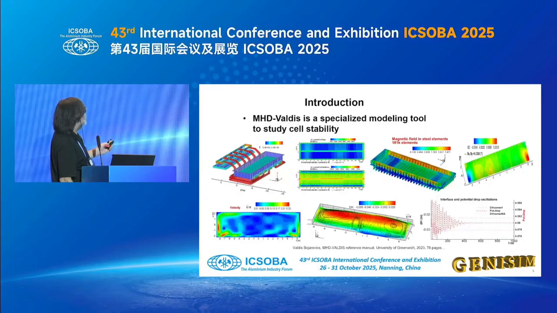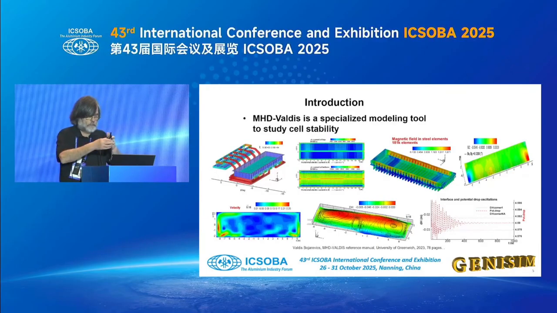You compute the magnetic field. You need to consider the magnetization of the pot shell. Then you have the Lorentz force that gives you the flow and the interface deformation in steady state. And then you activate the dynamic mode, and you get either the damping of the wave or the amplification of the wave if it's an unstable condition.